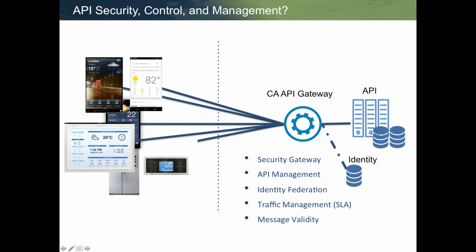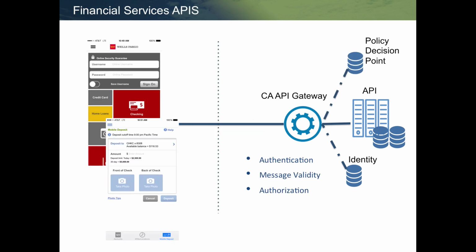And so if you look at the financial services industry in terms of APIs in the mobile space specifically, here I've got some screenshots of my Wells Fargo mobile application.